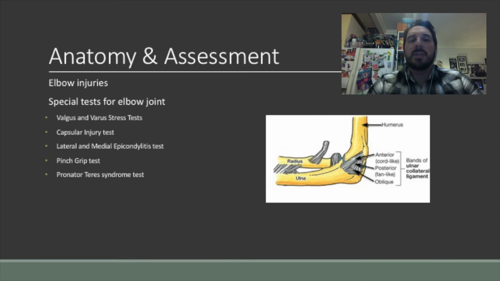Okay, so some special tests for identifying and assessing the UCL injury would be the valgus or varus stress test, the capsular injury test, the lateral and medial epicondylitis test, the pinch grip test, and then lastly the pronator teres syndrome test.